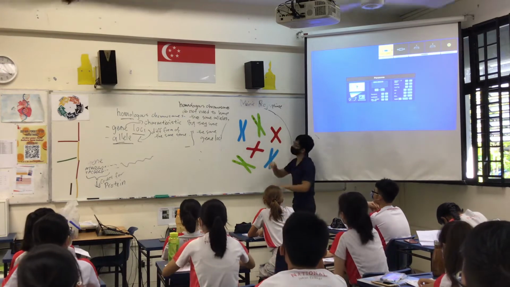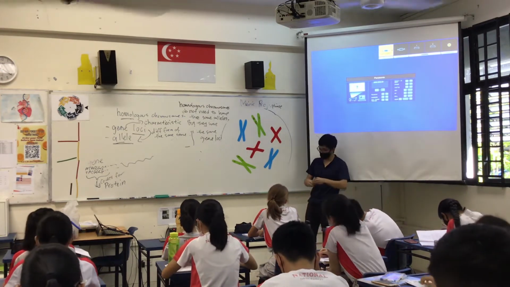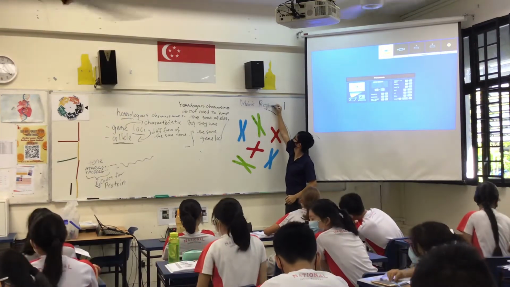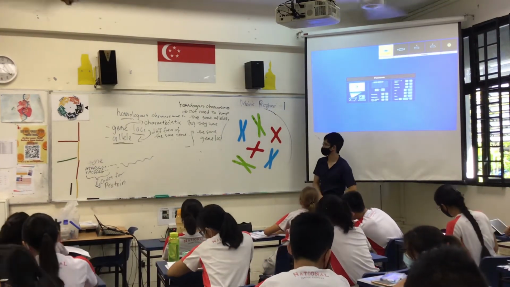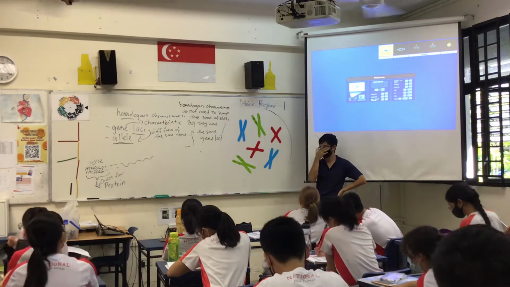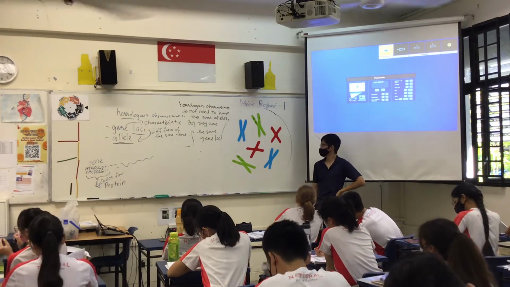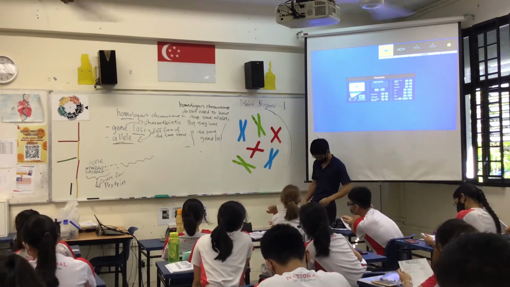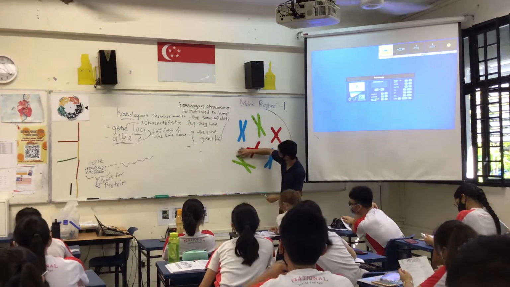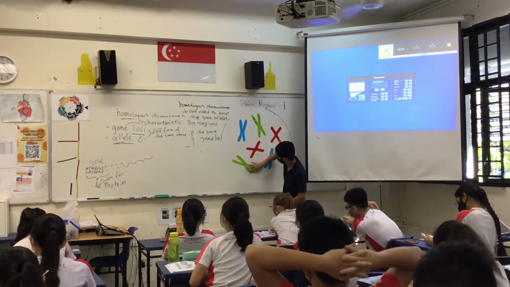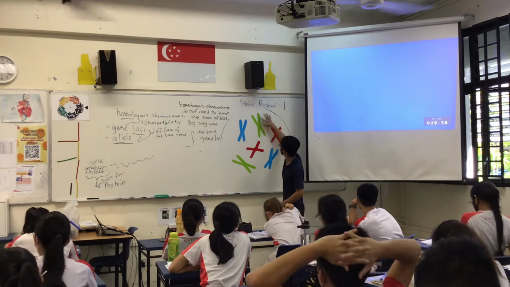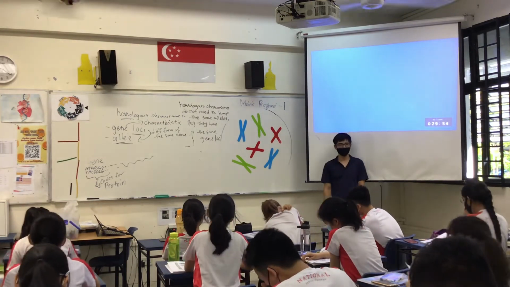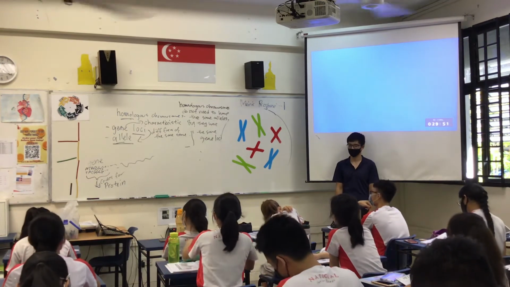What would things look like for meiosis prophase 1?